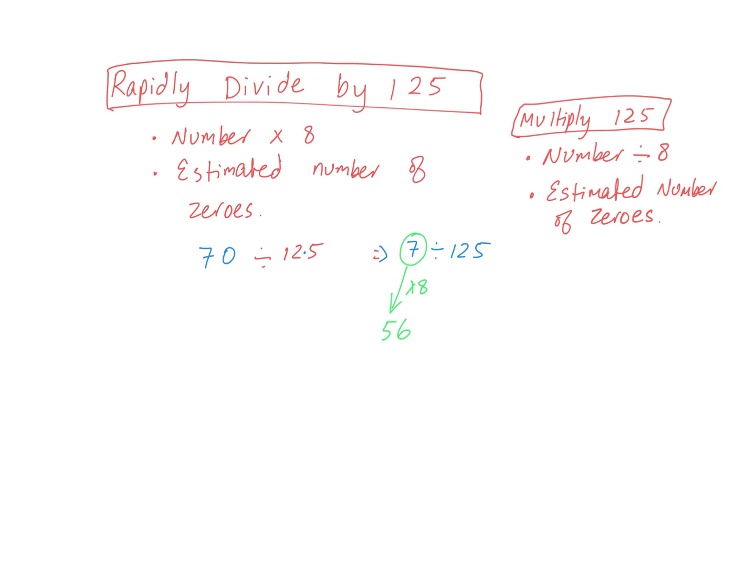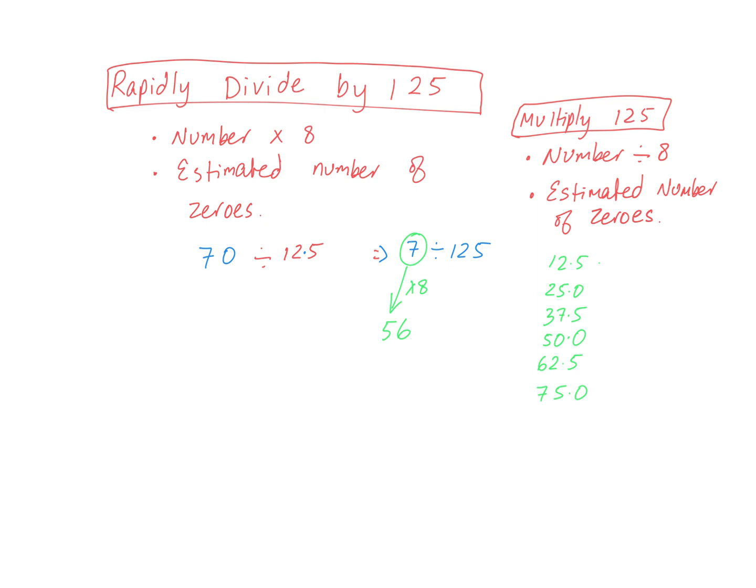So if I were going in terms of 12.5, what numbers do I have? 12.5, then the next one's 25, then 37.5, then 50, then 62.5, and then 75.